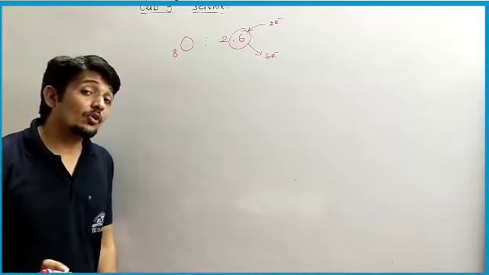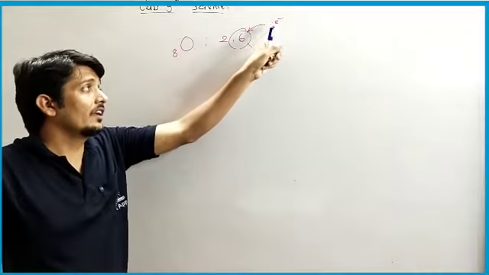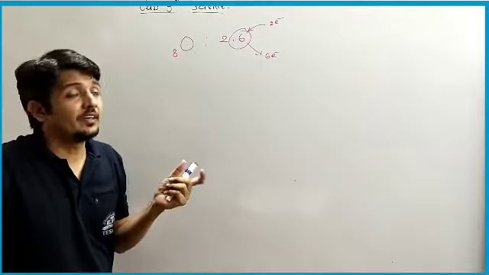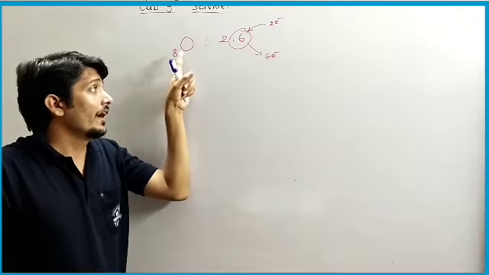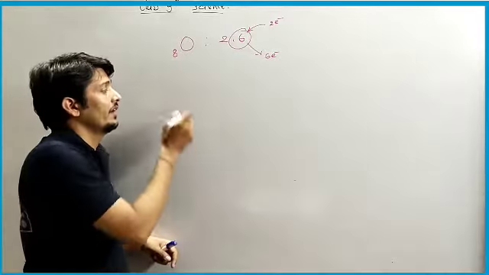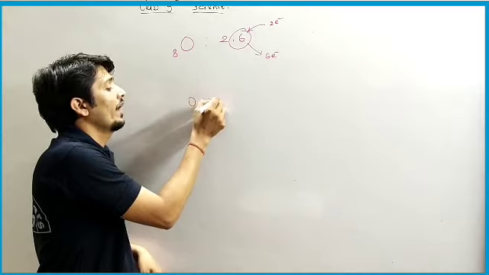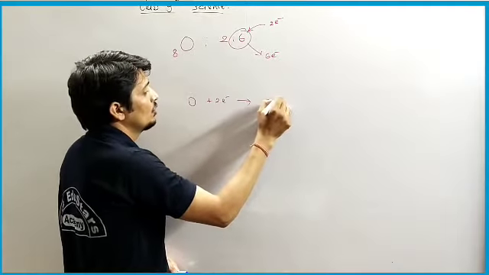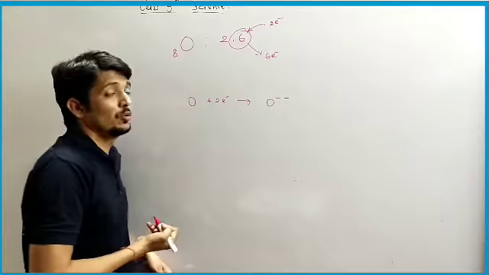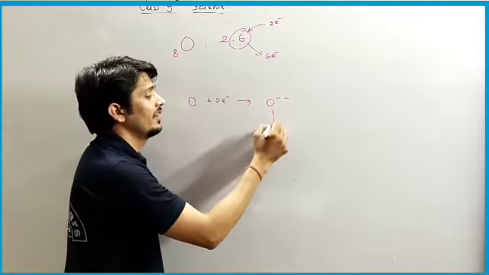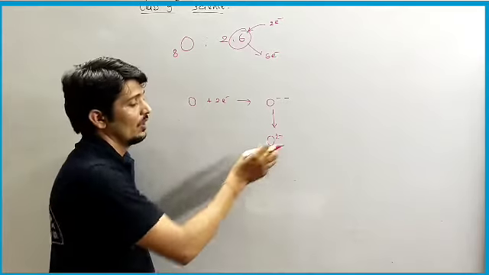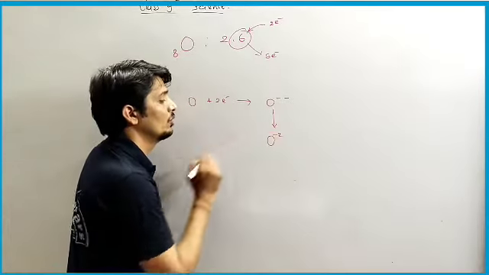What will be easy for oxygen? Oxygen will gain 2 electrons. So 2 plus 6 equals 8. When oxygen accepts 2 electrons, then oxygen acquires 2 minus charge. We represent this 2 minus charge as O2- or negative 2.